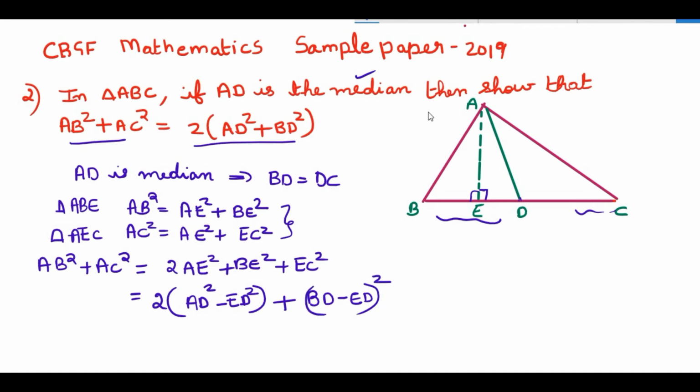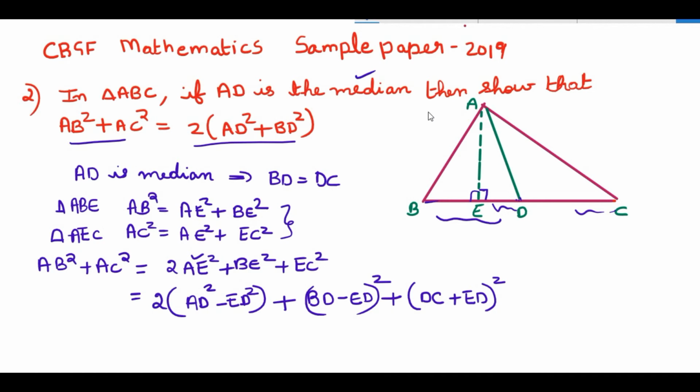Here I am not using Pythagoras theorem, I am just subtracting. From BD, if I subtract ED, I will get BE. Same way, EC square, I am not using the Pythagoras theorem, same concept, DC plus ED the whole square. So only to replace AE, I have used the Pythagoras theorem.